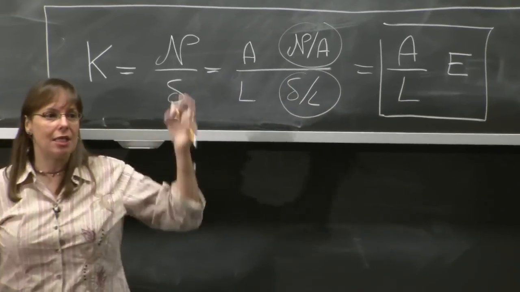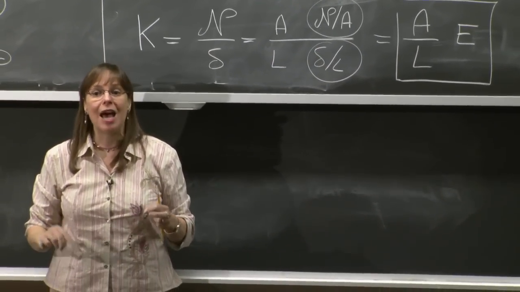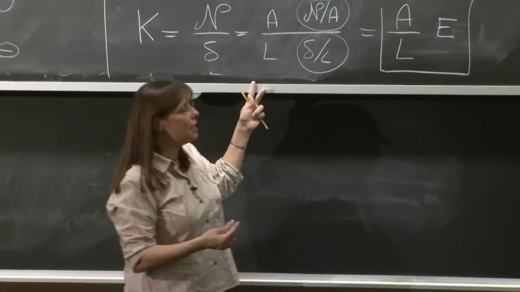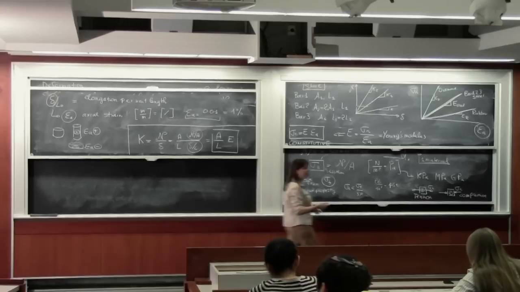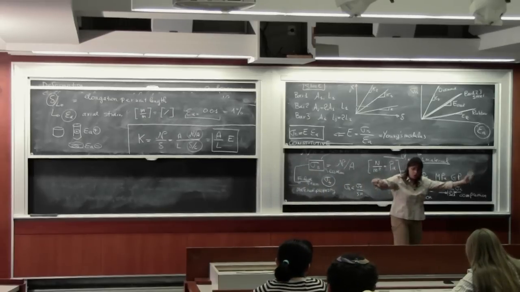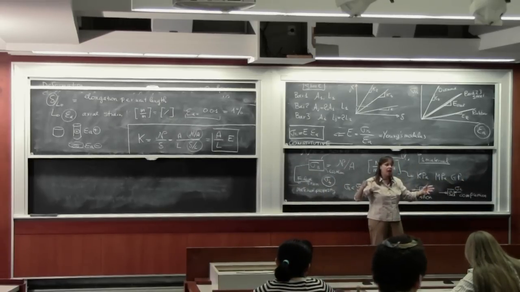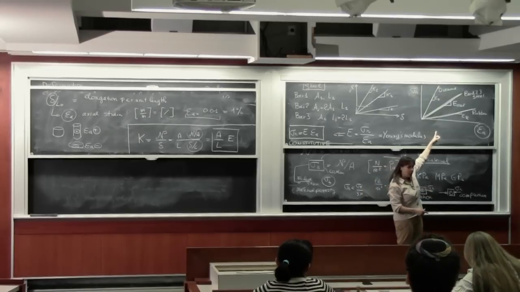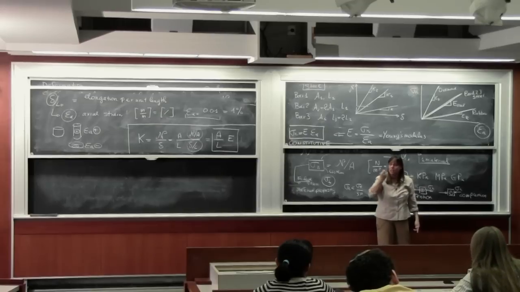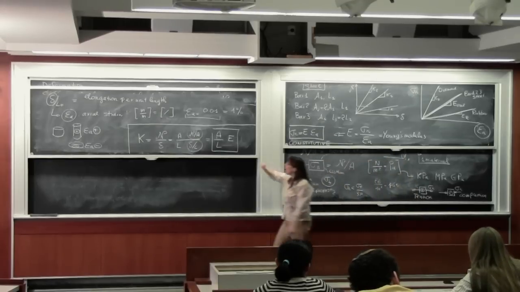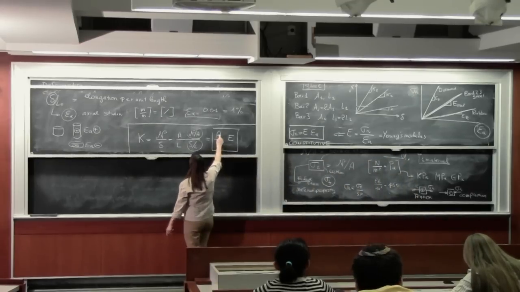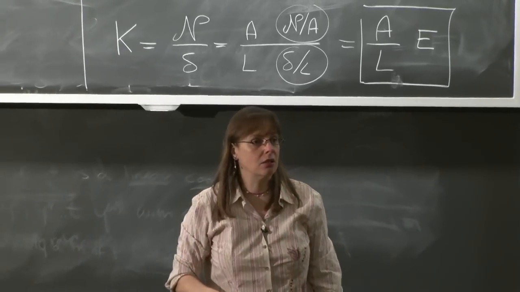Kaboom! You know what is the power of that? Amazing! What this means is that if I take a bar of a certain length made of steel, and for that bar I figure out E, I can tell you what the stiffness is going to be of any other bar as long as you know the cross-section and the length.